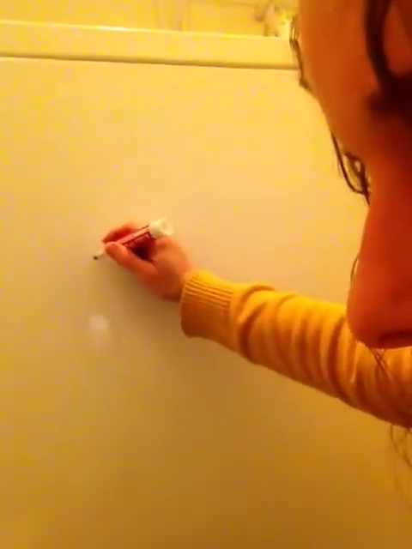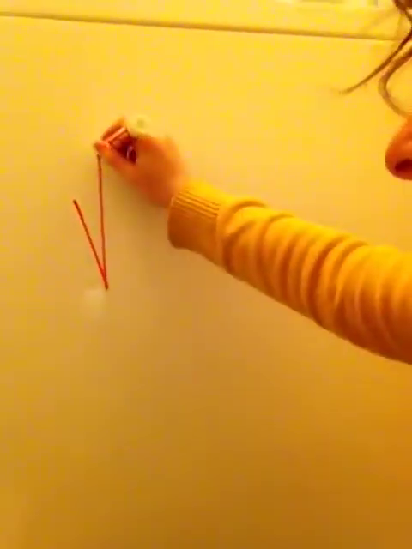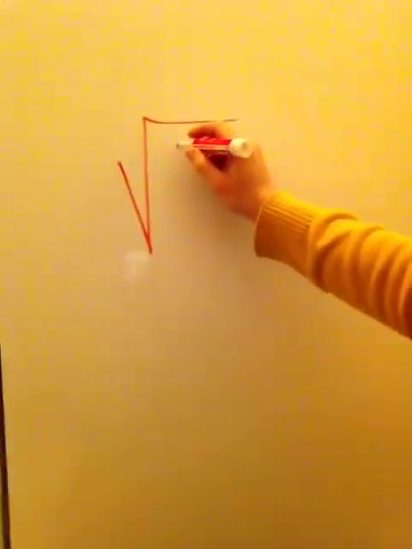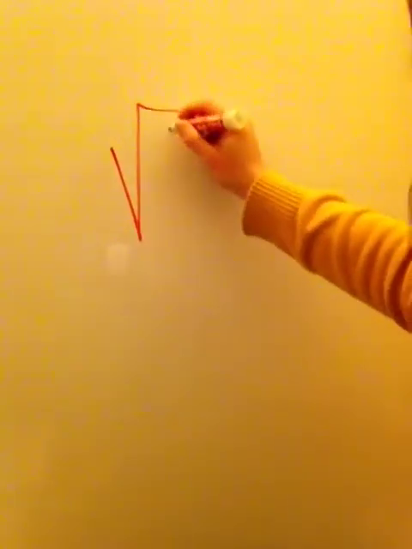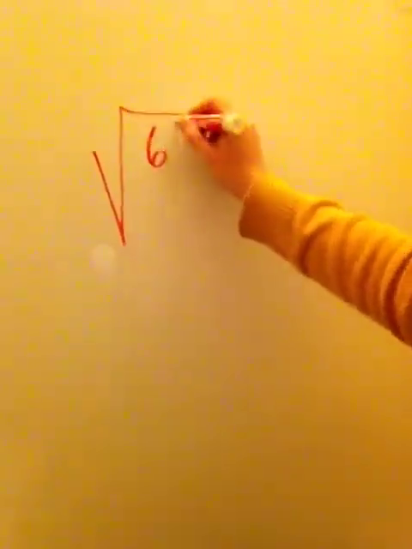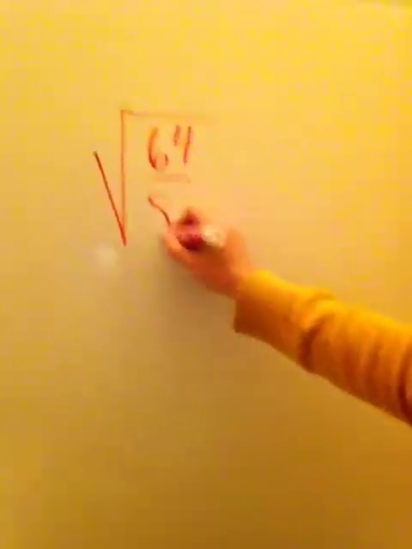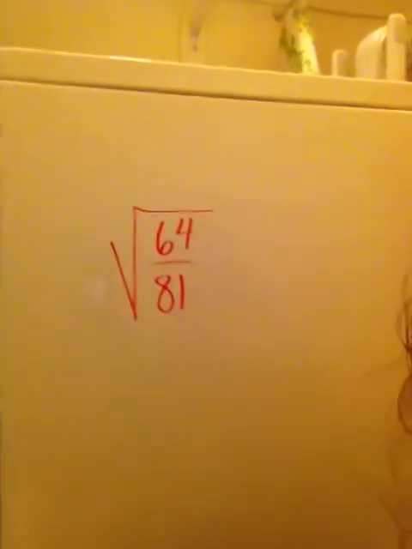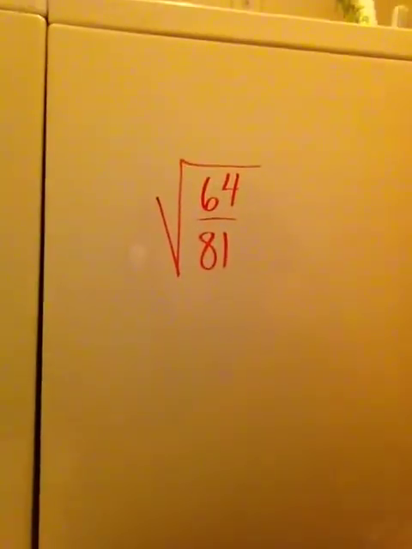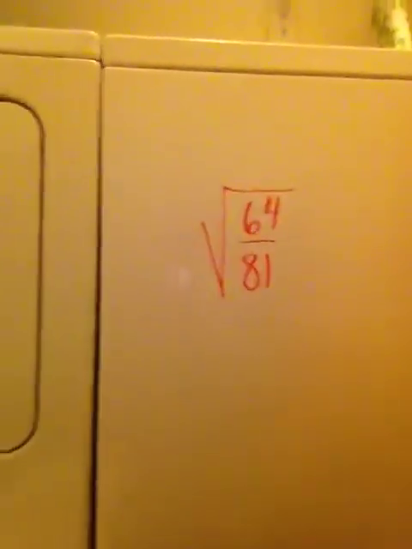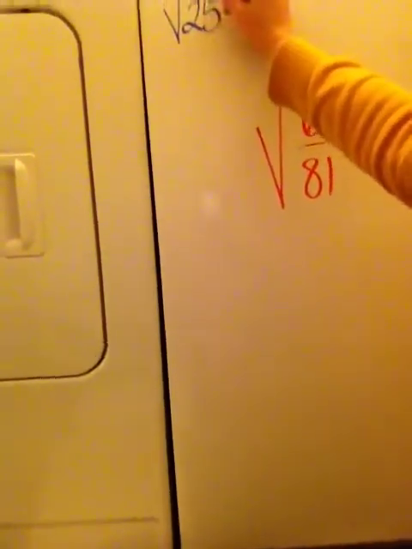We're going to talk about square roots and then solving for x's, or variables, sorry, not just x's. So if I have a square root of 64 over 81, now we're doing square root of fractions. We've done square roots before where I had, say, the square root of 25.